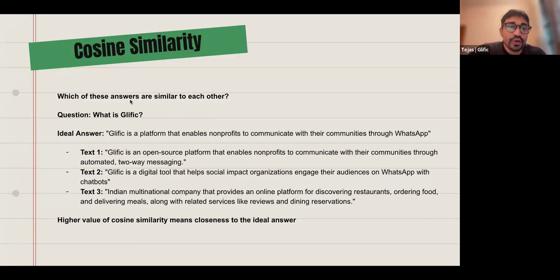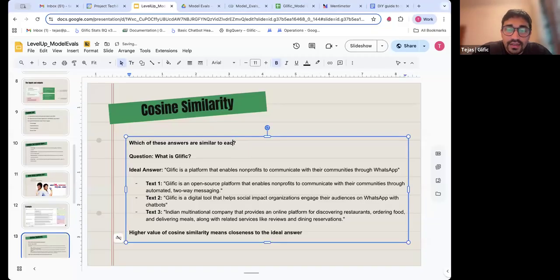So, the two things that we are going to get. Cosine similarity is, like I said, what is the closest to the AI answer. So what I want you to unmute and share is: which of these answers are similar to the ideal answer that I have put here?